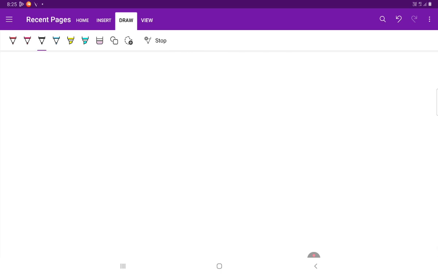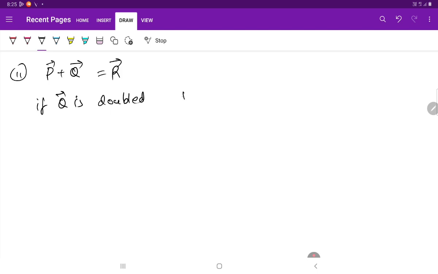Now coming to the next problem. Suppose the resultant of two vectors, P vector plus Q vector, is given as R vector. Now they are saying that if Q vector is doubled, then R vector is also doubled.